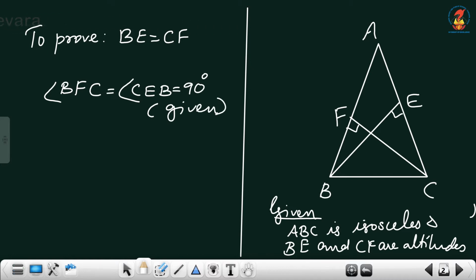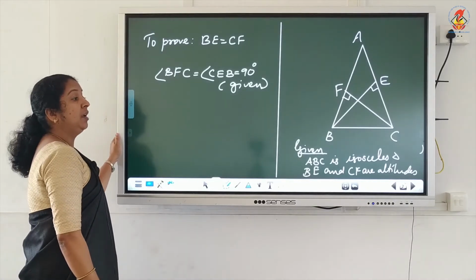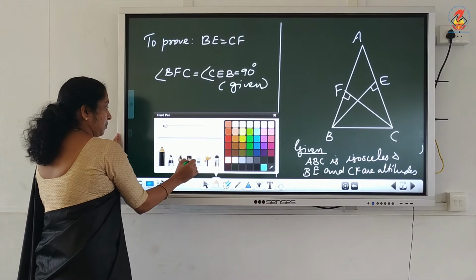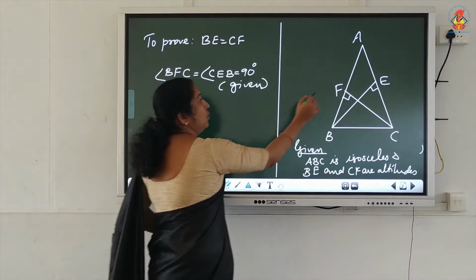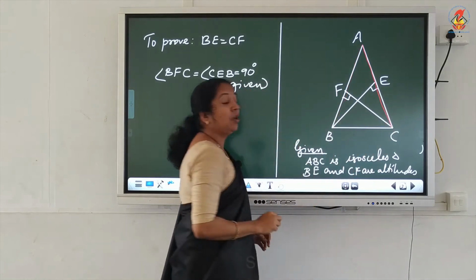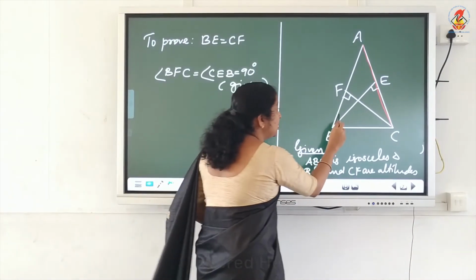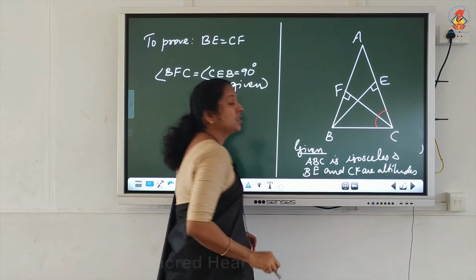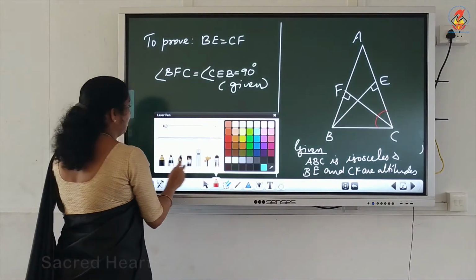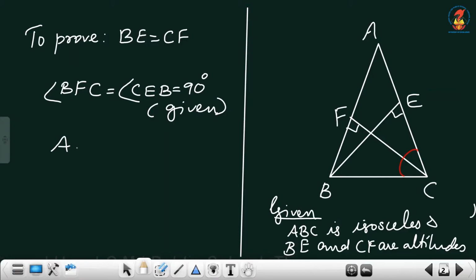What's the next one? What is given? AB is equal to AC. If AB is equal to AC, what can you say about these two angles? Angle B is equal to angle C. So AB is equal to AC is given.